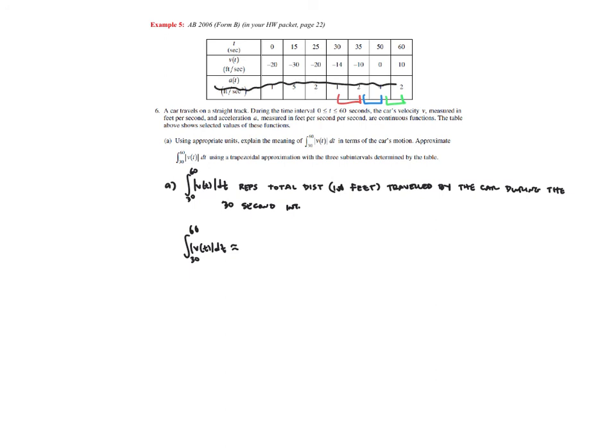Okay, so we don't need acceleration in this problem. It was probably part of part B or C of the original question. So let's go ahead and build this. Since this is trapezoidal, I'm going to pull out a half. And for each, I'm going to find my two bases, add them, multiply by the height for each of those three.